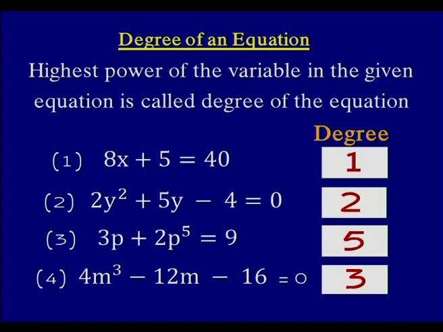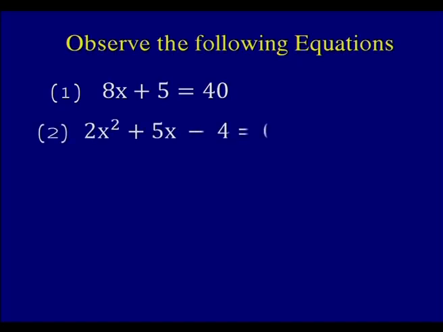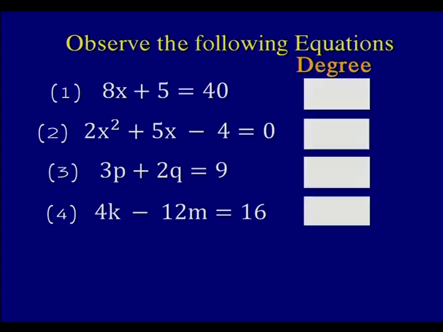Observe the following equations: 8x plus 5 is equal to 40, 2x square plus 5x minus 4 is equal to 0, 3p plus 2q is equal to 9, 4k minus 12m is equal to 16. Now, we will find the degree of these examples.